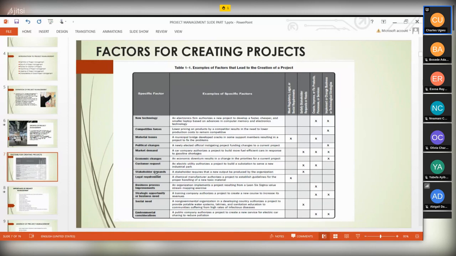Another one is stakeholders' demand. These days, as a project manager, you'll be hearing about stakeholders a lot. Stakeholders are very terrible people in project management, so you must learn how to manage them.